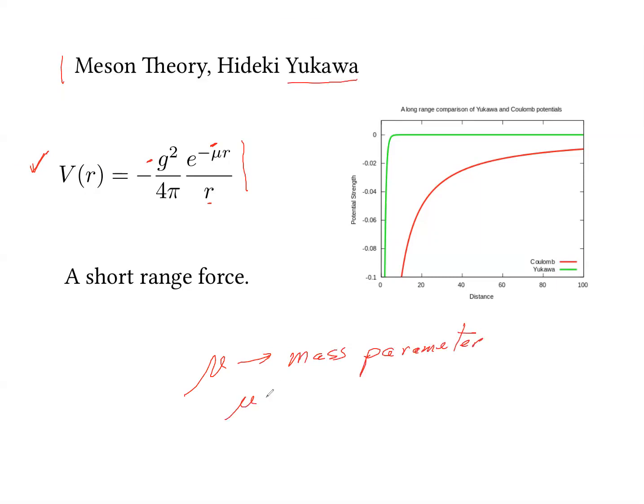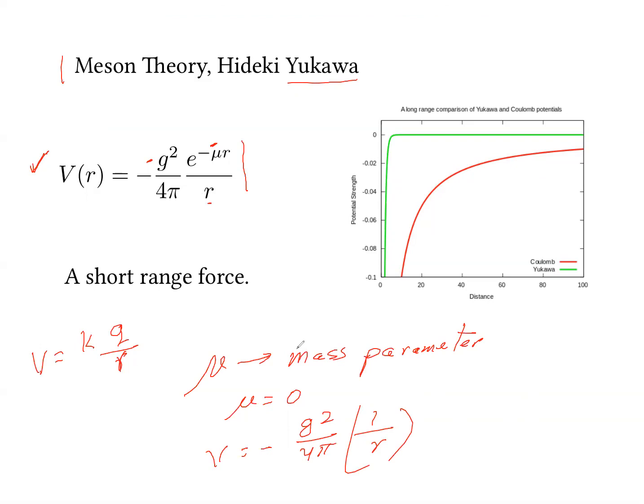If there is no mass, for example mass equal to 0, then V will be equal to g squared over 4 pi times 1 over r, which is the same as Coulomb's law. In Coulomb's law, the potential is some constant times q over r. So if mu equals 0, that is the mass of the exchange particle.